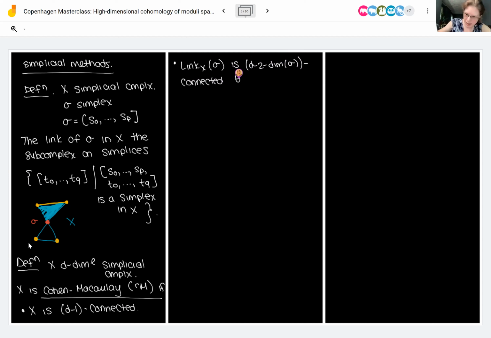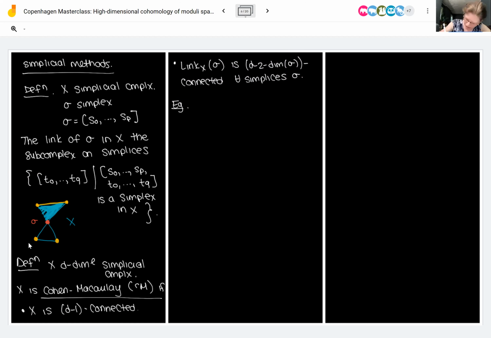So for every simplex sigma, the link has to be (d - 2 - dimension of sigma)-connected. Okay, so some examples of simplicial complexes with this property.